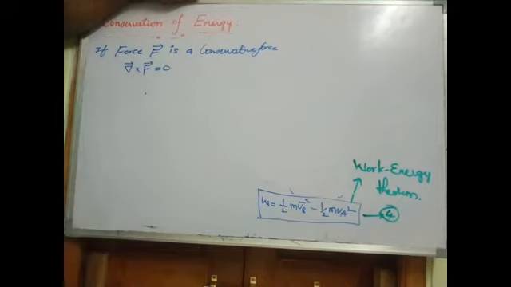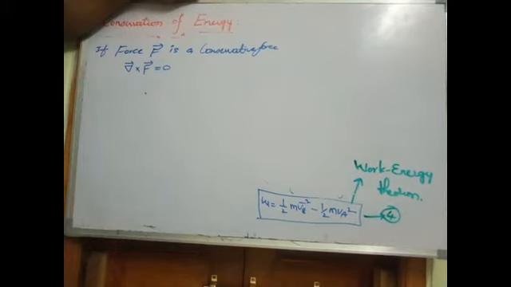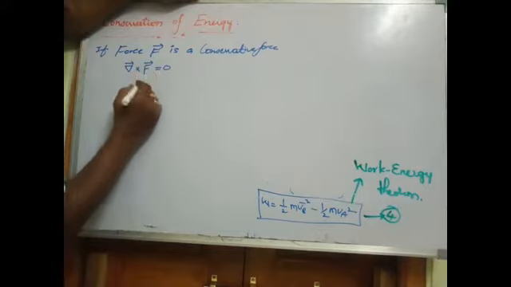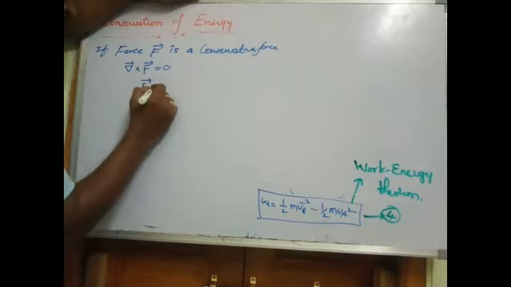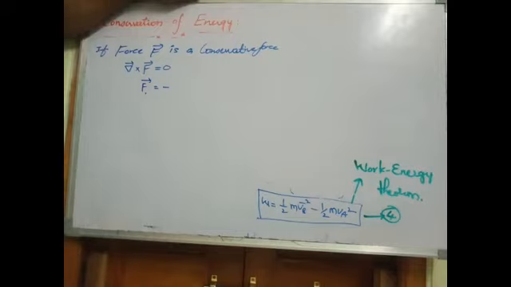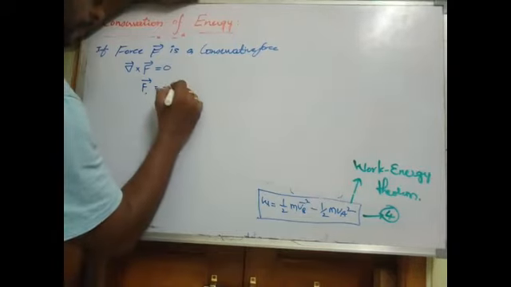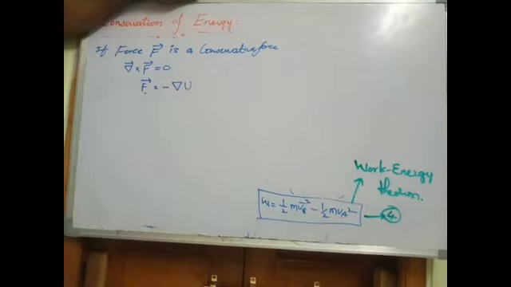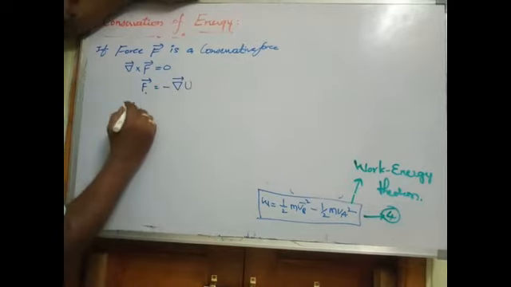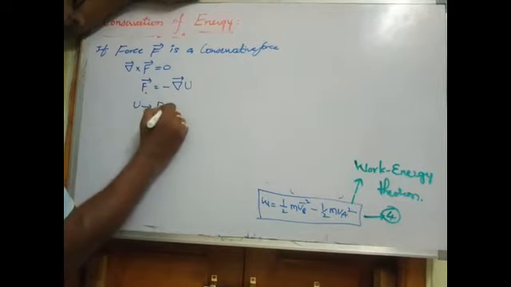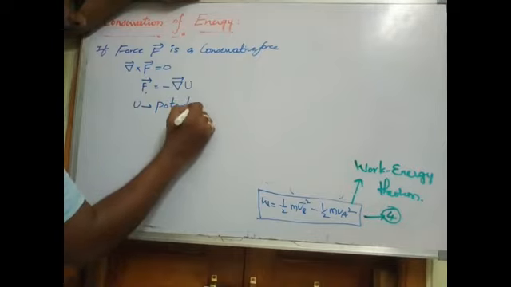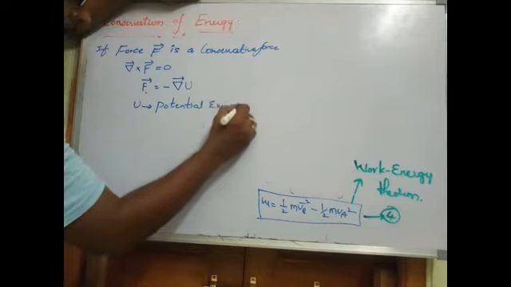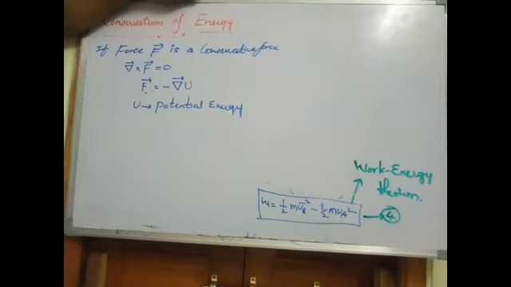If any vector is conservative, then the curl of that vector is equal to 0, that is, del cross F equals 0. So this can also be written as F bar is equal to minus del U, where U is called the potential energy.